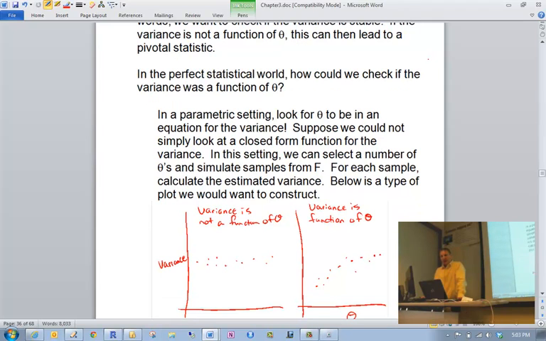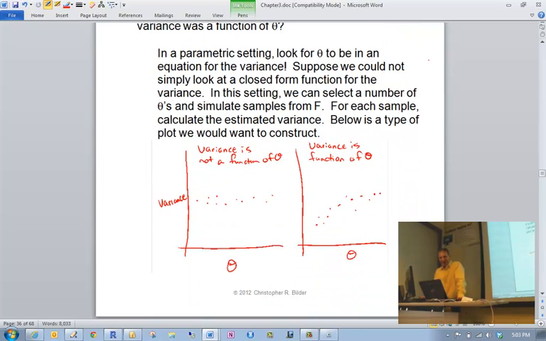In the perfect statistical world, how could we check if the variance was a function of theta? Well, in a parametric setting, you'd have variance of T is equal to, if you see a theta in there, you know if it's a function of theta or not. But suppose we cannot simply look at a closed form function for the variance. What can we do?